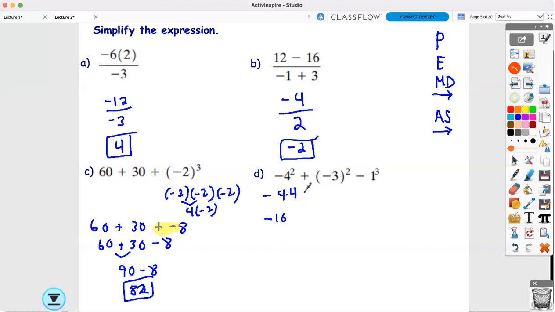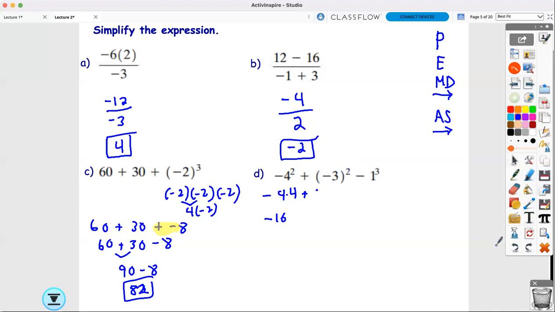Now look at the second one. Plus -3 squared. So how am I going to simplify that? Am I going to use parentheses or no parentheses? Is that -4 times -4? No, ma'am. It's only one -4 with the +4. The only time we include multiple negatives is if there's something around the negative number. What's the key symbol that we need to be on the lookout for?